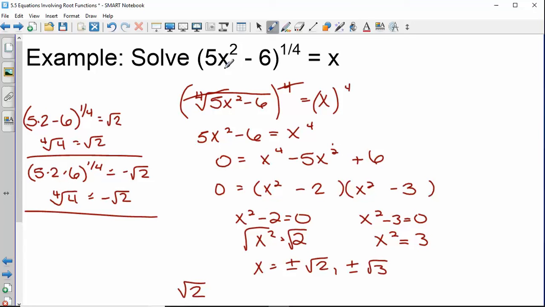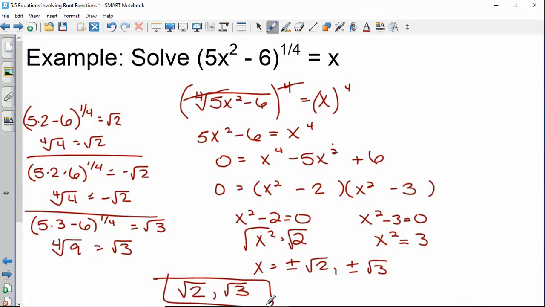If I put in a 3, radical 3 squared is 3. So that's 15 minus 6 is 9. So does the 4th root of 9 equal radical 3? Yes. Will it work if I put in a negative radical 3? No. So my answers are the positives, radical 2 and radical 3.